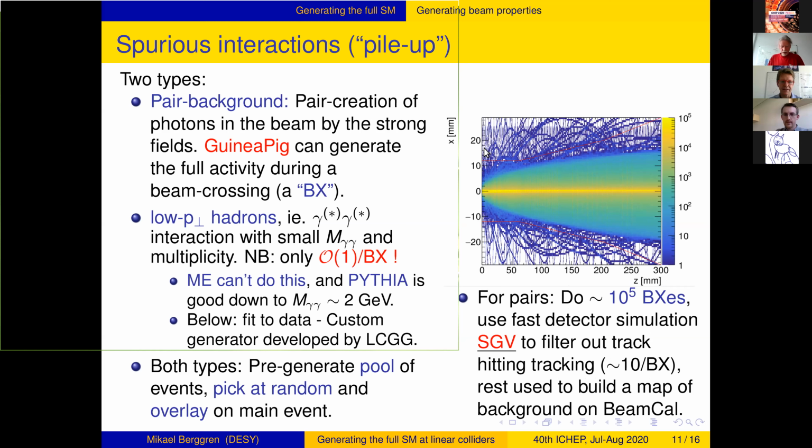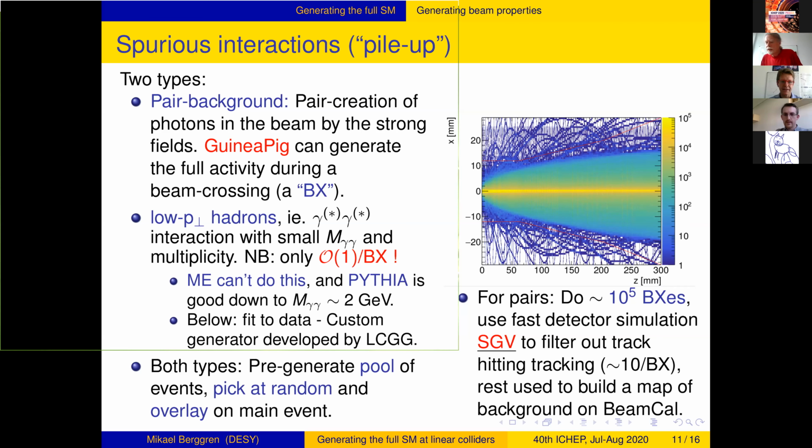The other pairs are hitting the forward calorimetry, and this distribution we use to create a background map of the occupancy in the forward calorimetry, which is fed into the simulation.